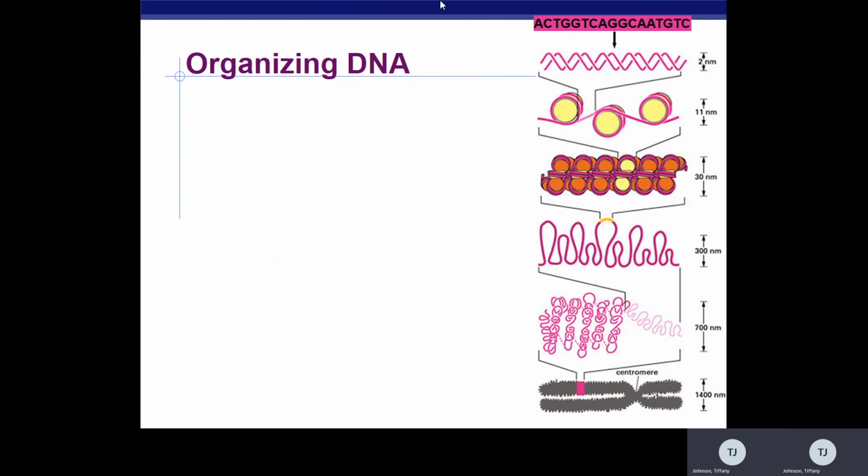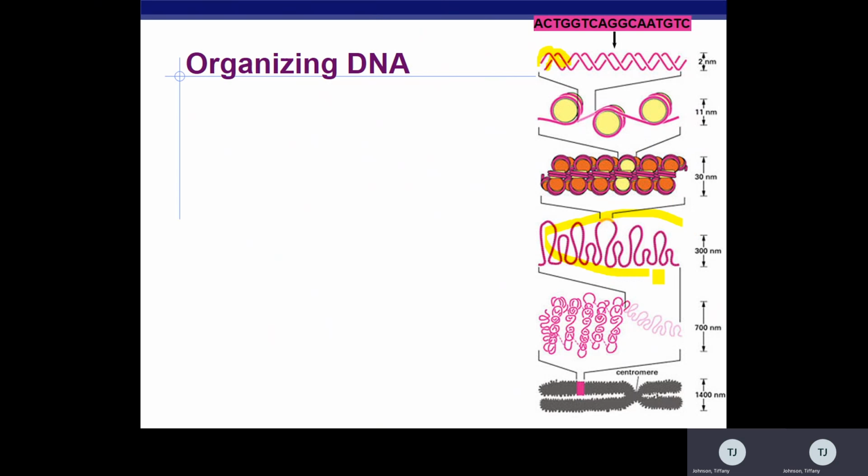So if this is my DNA, and heads up, make sure you're paying attention, because students sometimes can't visualize how this works out. So here's the DNA, and we said that DNA was double-stranded, right? So two-stranded. Now, here's what happens. That double-stranded curly molecule gets wrapped around proteins, and then those proteins get squeezed together, and then they get squeezed together even more.